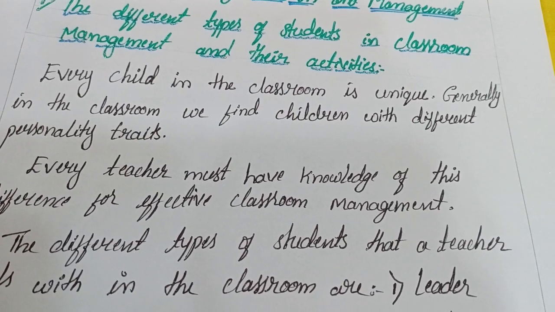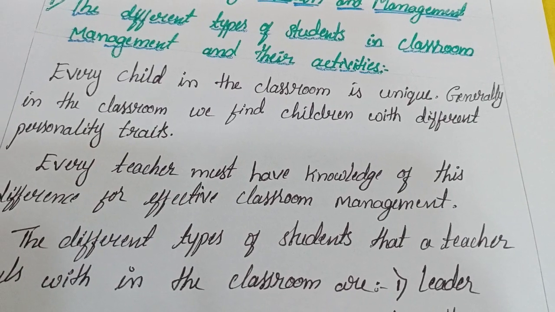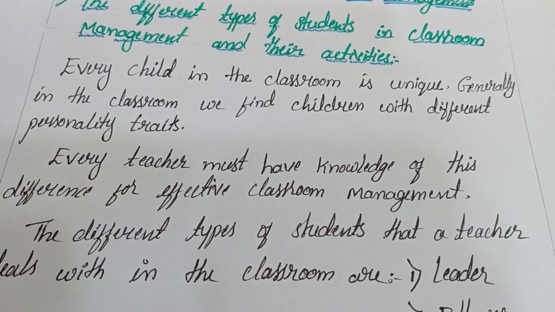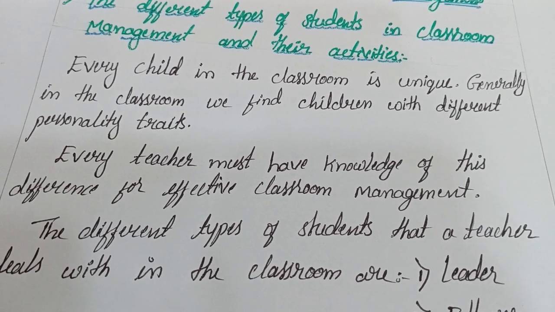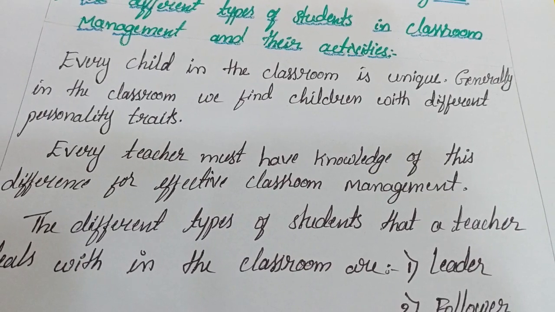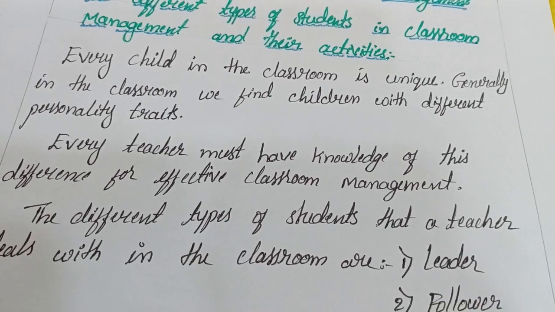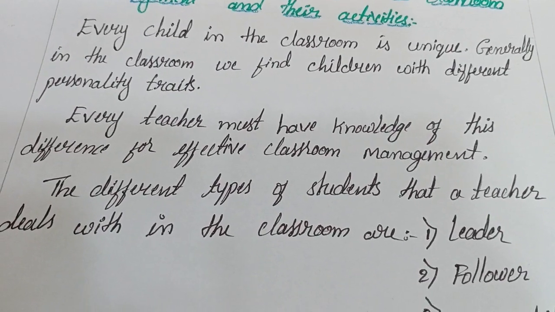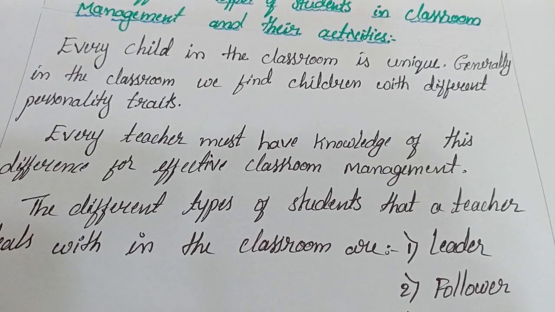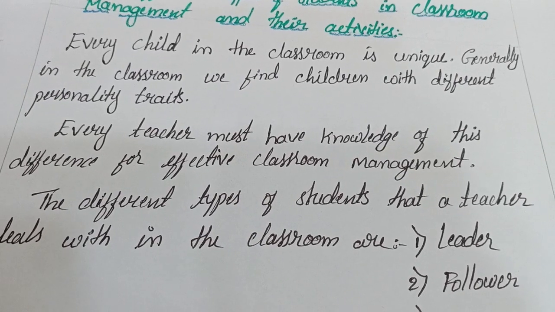Every child in the classroom is unique. All the children do not have equal ability to learn in the classroom. Generally, in the classroom we find children with different personality traits, because not all children have the same ability to learn the subject.